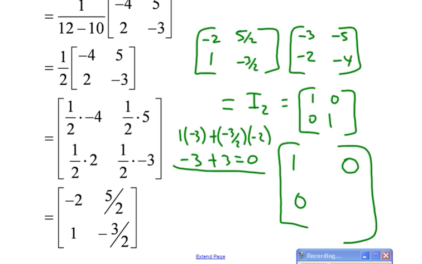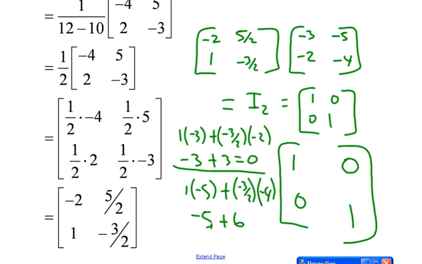And then the last one, we have 1 times negative 5 plus negative 3 halves times negative 4, negative 5 plus, oops, yeah, negative 5 plus 6 is 1. So when you multiply the inverse times the original matrix, you get the identity matrix. We will continue with part 2.